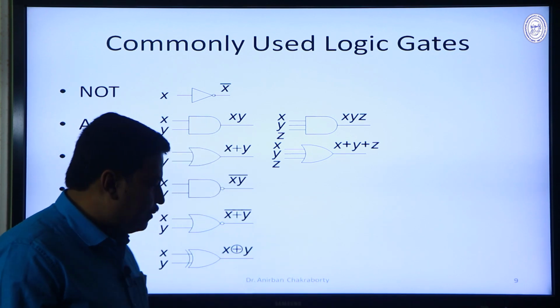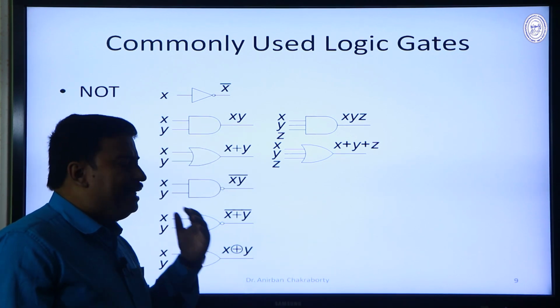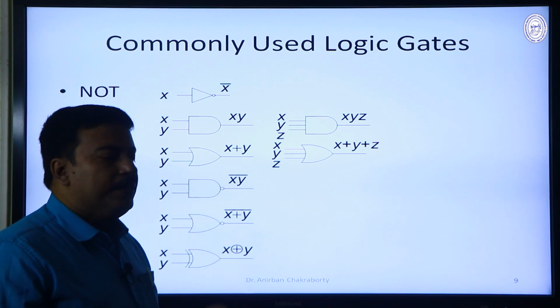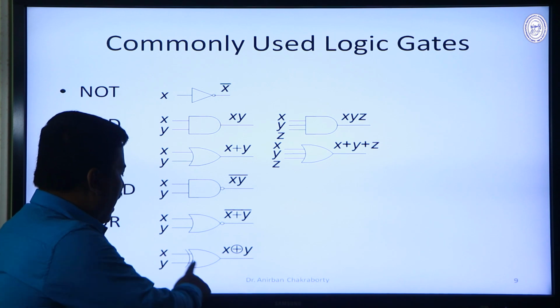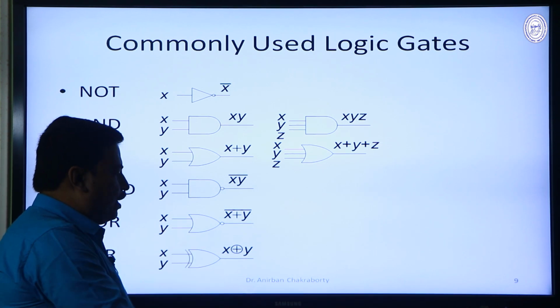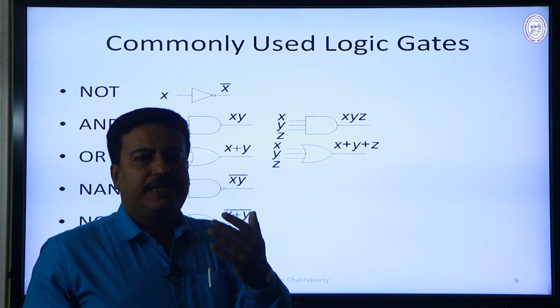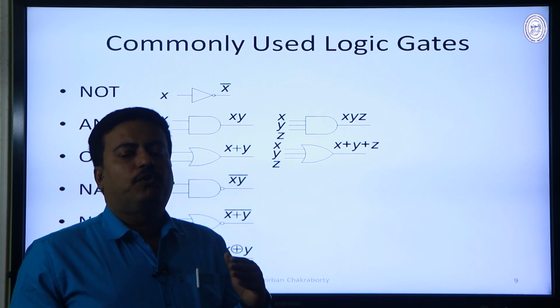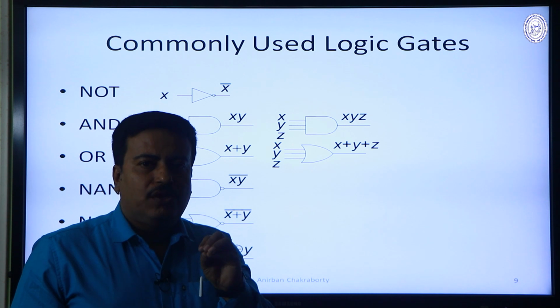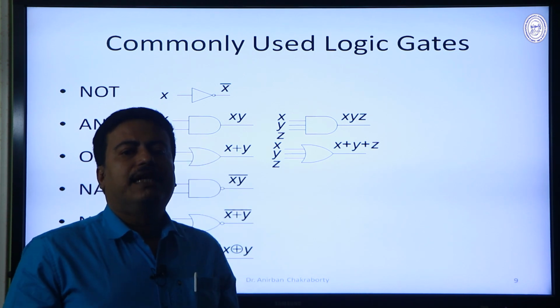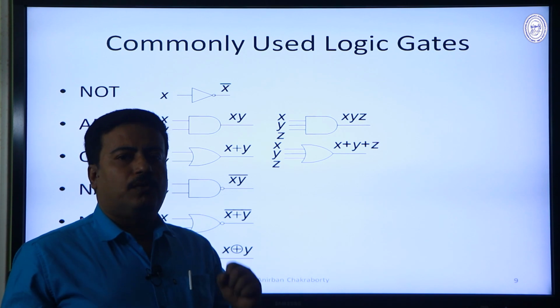This means that 6 is an even number. So when an even number of ones are present at the input of the XOR gate, the output is 0. If an odd number of ones are present, the output becomes 1.